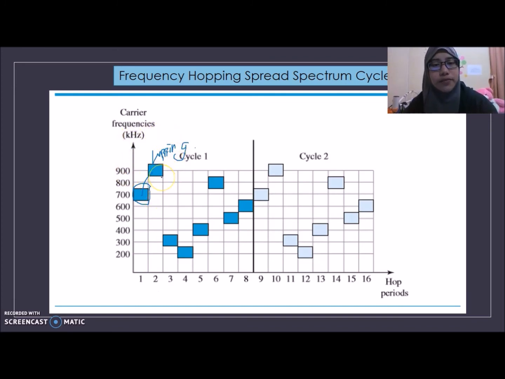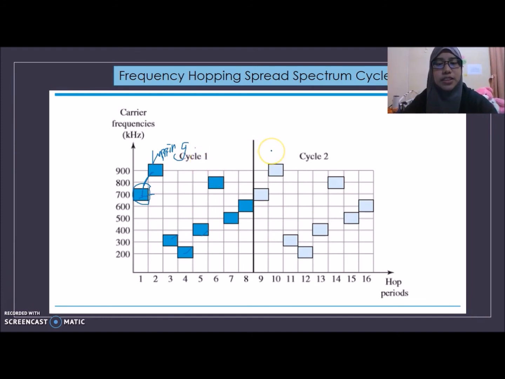After that the hopping comes down to 300 and then 200, and this makes the data a bit mixed up, because at the 700 kilohertz frequency the data is different, and when the intruder reads the data at 900, it will be different, and it is the same at 300, 200, 400, because the data at every frequency is different from each other.